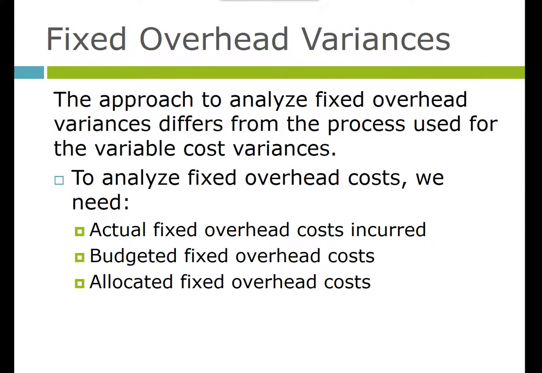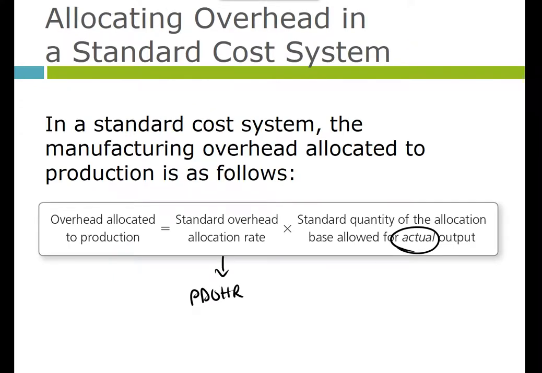Fixed overhead will be a little bit different. So material, labor, and variable overhead all look the same. In order to do this one, you'll need the actual fixed overhead costs incurred. So the actual, you'll need the budgeted, and you'll need the allocated. And we talked about the allocated right here.